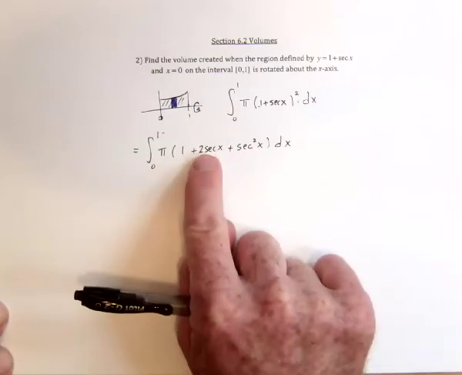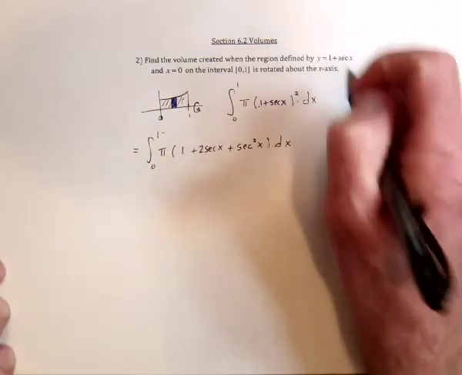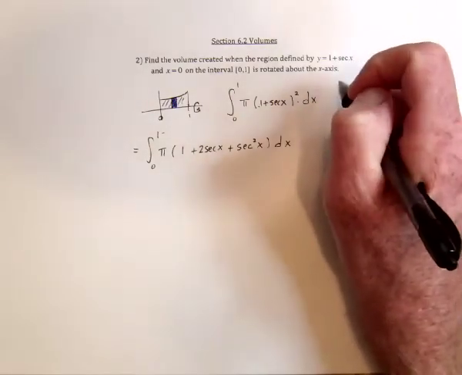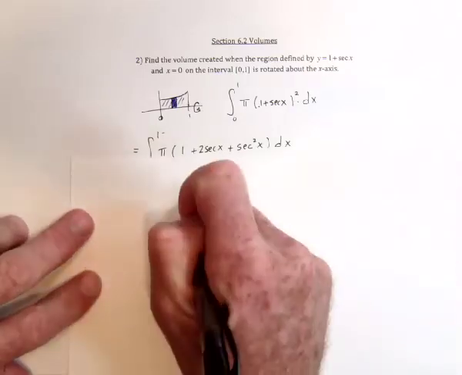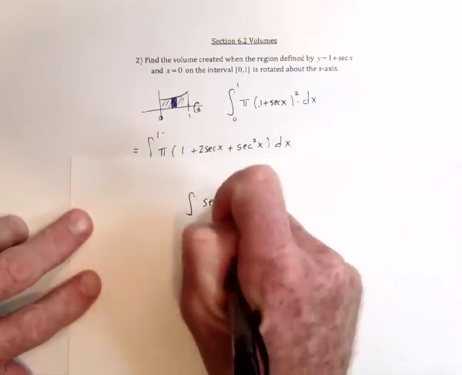But how do you integrate secant? Have you done that before? It's good fun. So let's get some scratch paper here. How do you integrate secant of x?